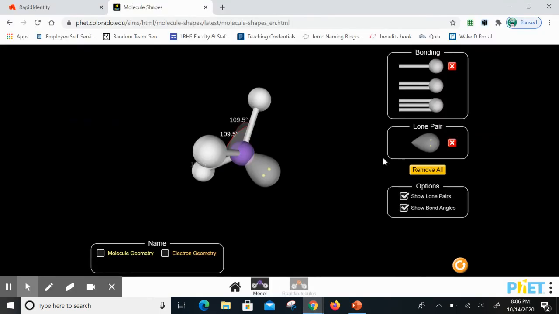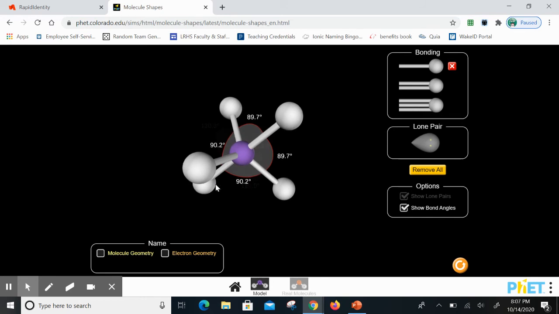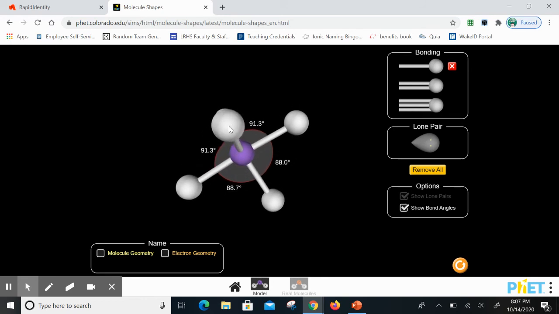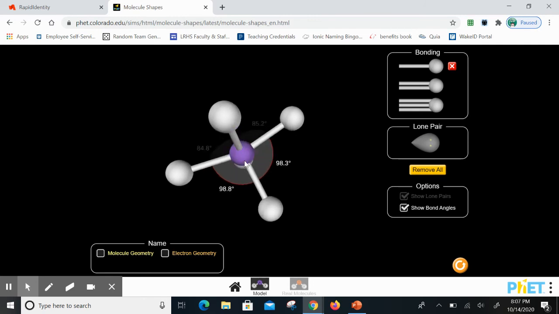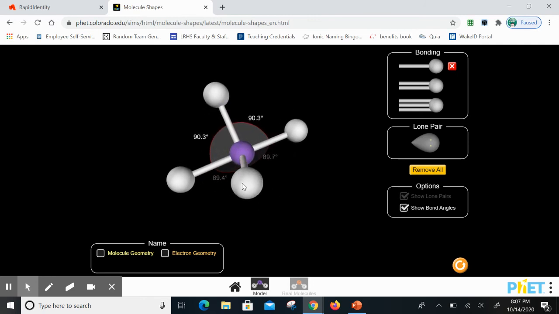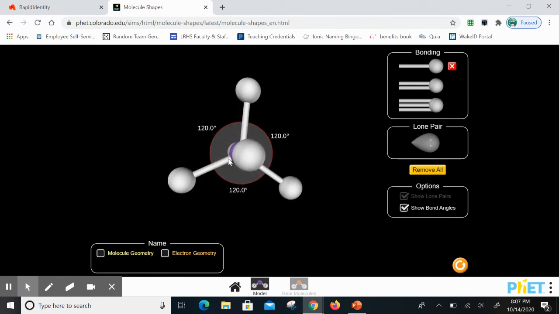So if you go back to this and you take this off and we just put two more on there, okay, so you can see how there's these three things that are sort of doing their trigonal planar situation, right? So these three are doing trigonal planar, which are about 120 each.